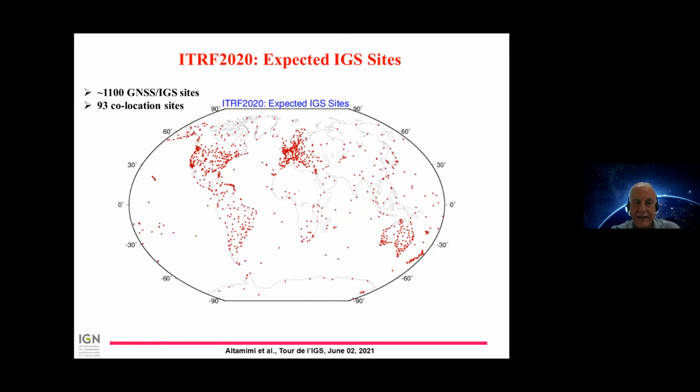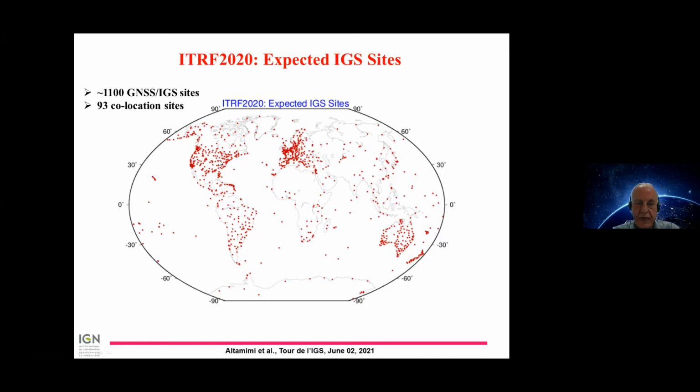VLBI and SLR taken alone would have not more than 9 or 10 collocation sites. This would not be a viable reference frame to connect VLBI and SLR, and hopefully we have the IGS to do the job of connecting these 2 techniques, in addition to the fact that we have about 45 DORIS stations collocated with the IGS station.